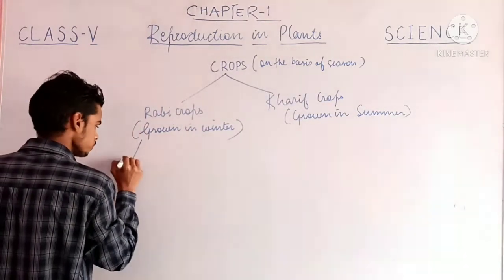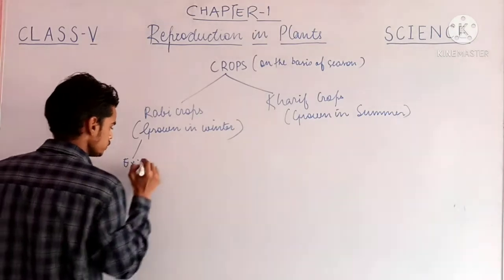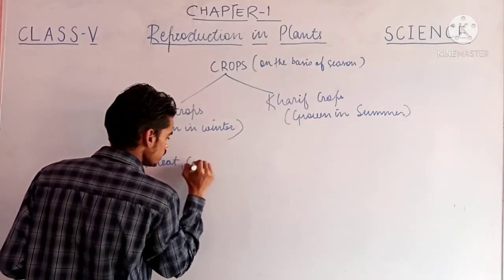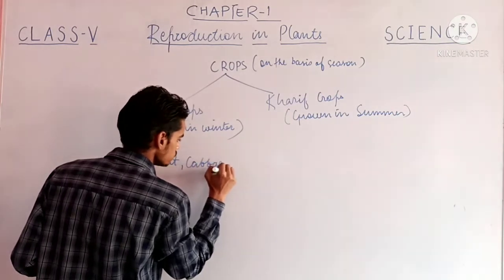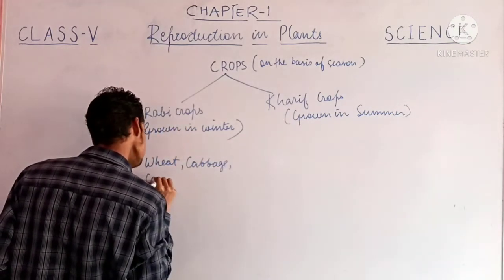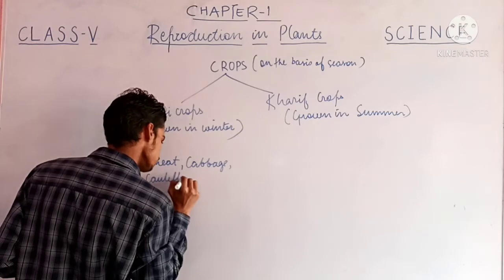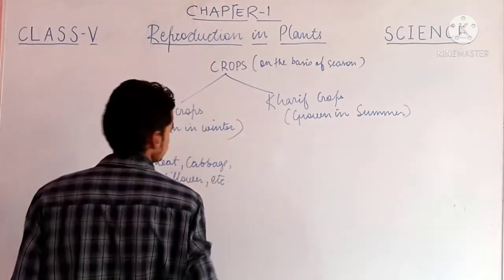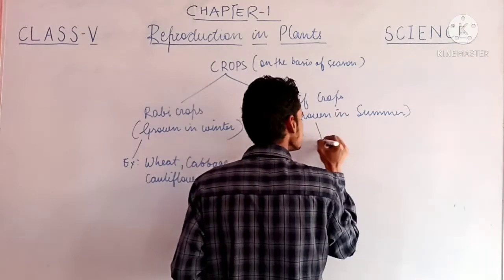Examples of Rabi crops are wheat, cabbage, cauliflower, etc. Examples of Kharif crops are rice, maize, jowar, bajra, brinjal, etc.